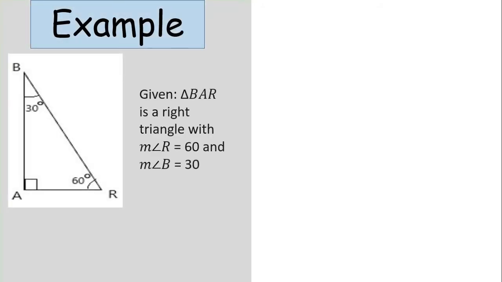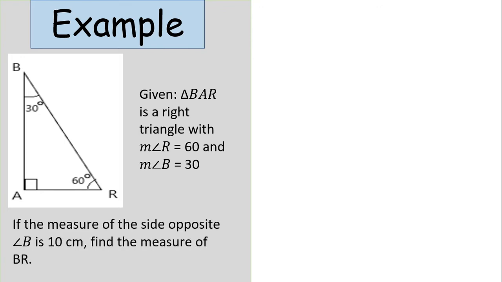So, example natin yan. Given triangle BAR is a right triangle with measure of angle R is 60 and measure of angle B is 30. Hanapin natin yung measure ng BR when the side opposite angle B is 10 cm, or yung AR natin.